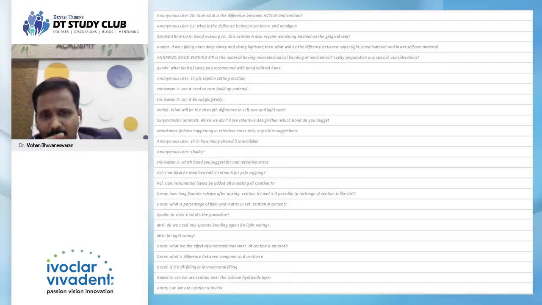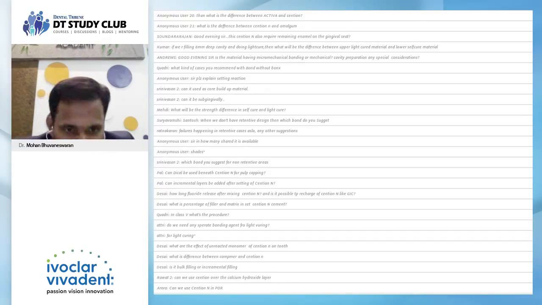So I'm not sure of what type of failure this particular dentist is talking about. Mostly the dentist whom I spoke to told that the restoration came out as a whole. In that case, the cavity was not retentive. If it is fracturing, that means, I don't know, by mistake you've given a bevel. I forgot to tell that you're not supposed to give a bevel, like the same rule as silver amalgam holds good.